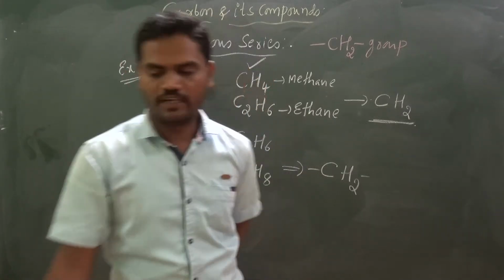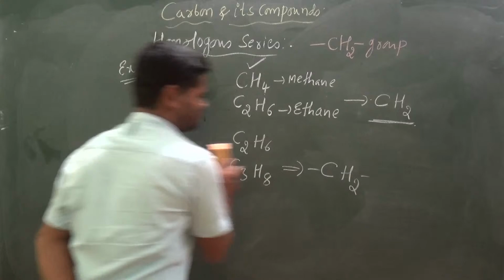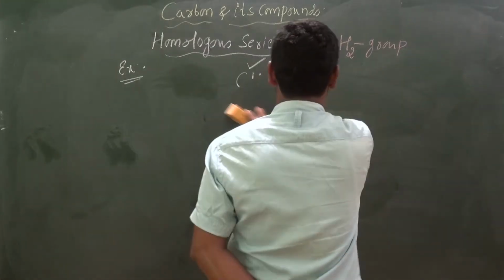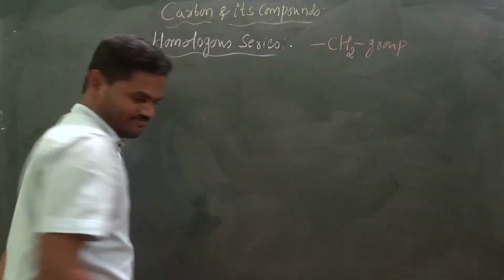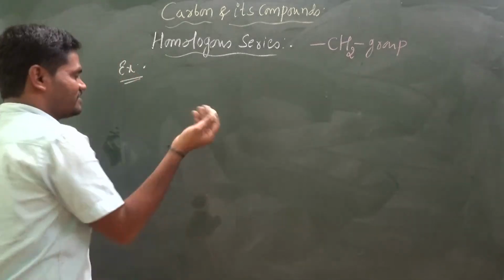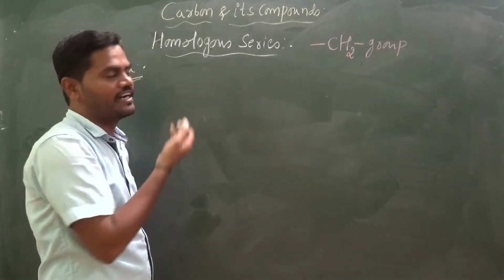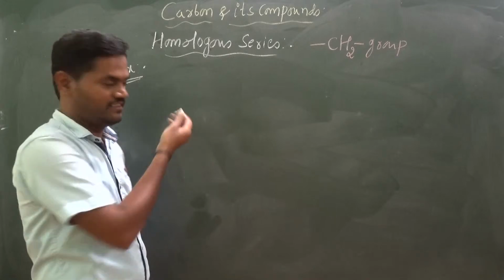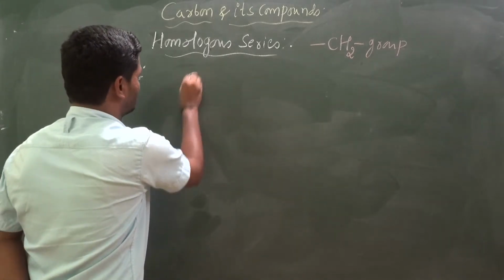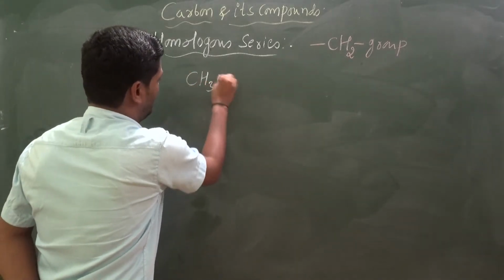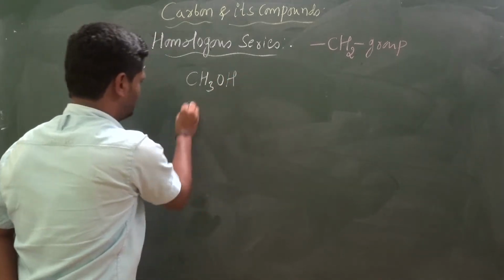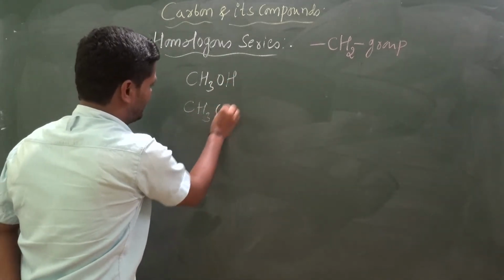Okay, I will take another example. This is also important. So either they will ask about hydrocarbons, that is alkanes, or another possibility is alcohol. See here, this one is methyl alcohol, and this one is ethyl alcohol.